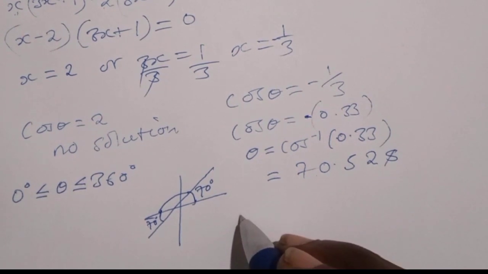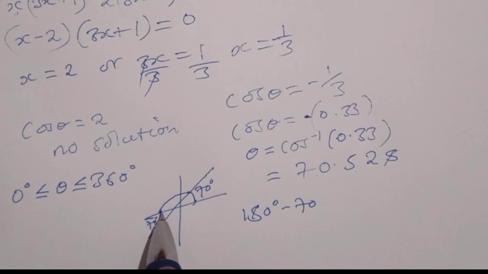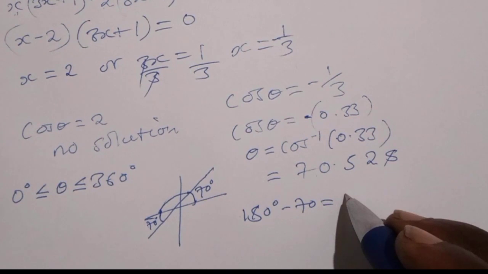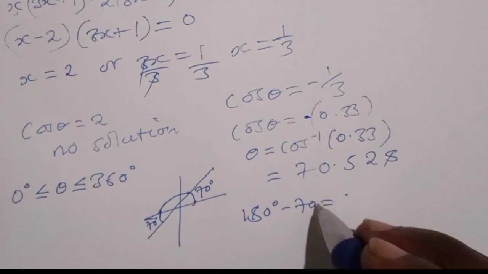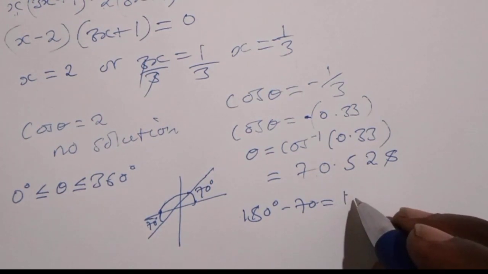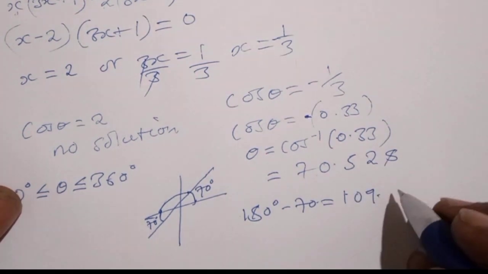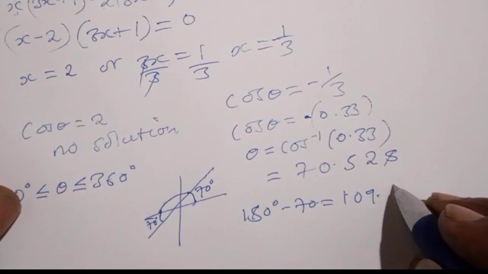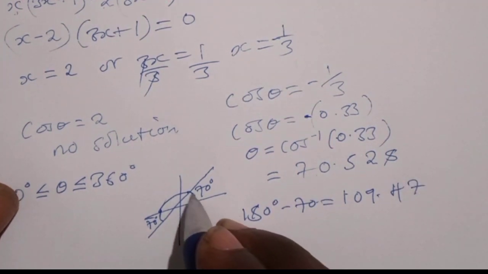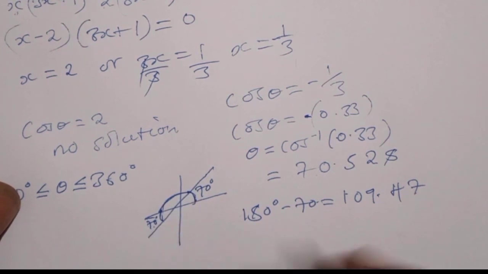So we are going to do 180 degrees minus 70, because we are starting from here up to here, which gives 109.47. And when you start from here going this side, you add 180 plus 70.